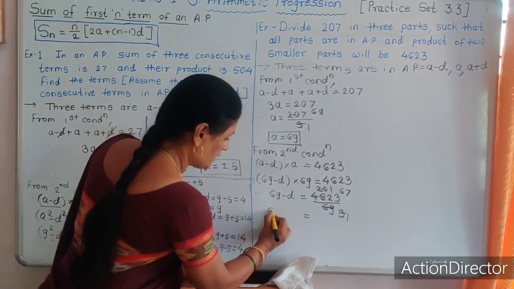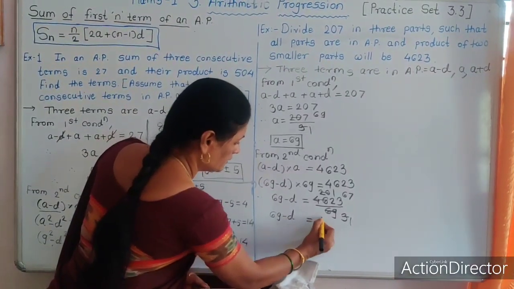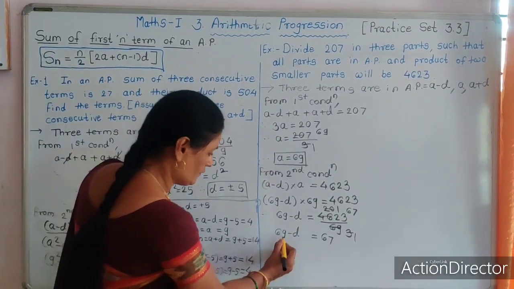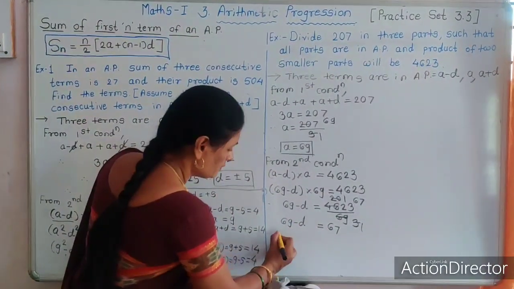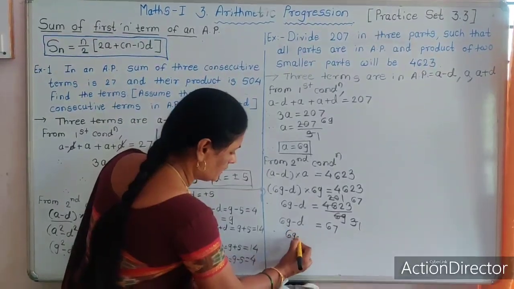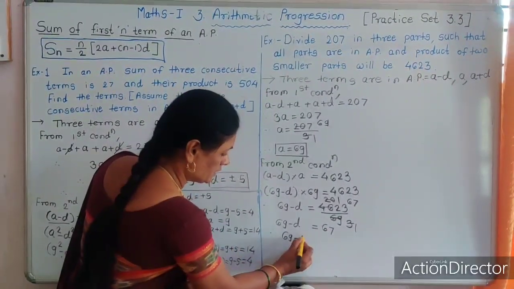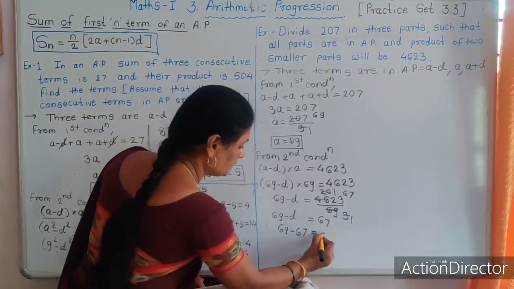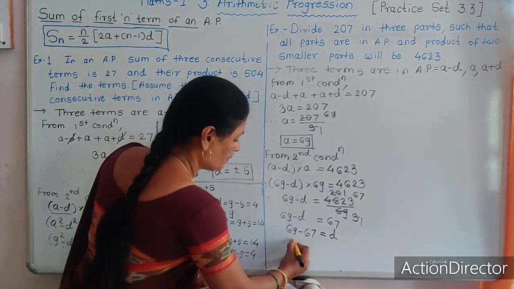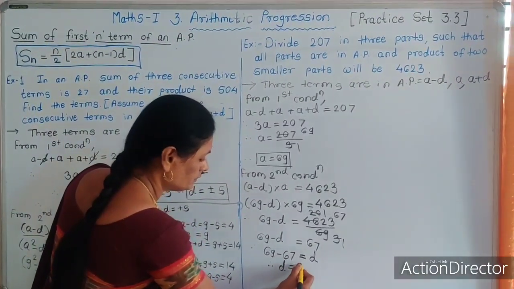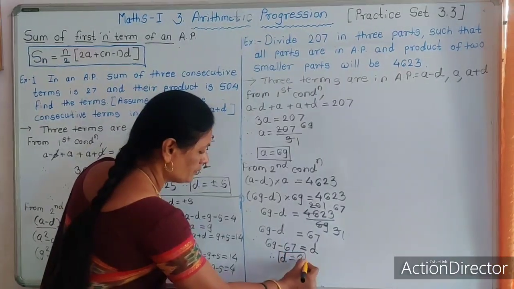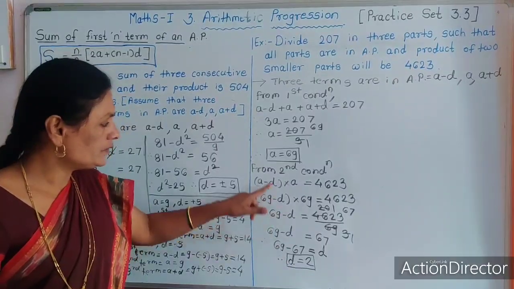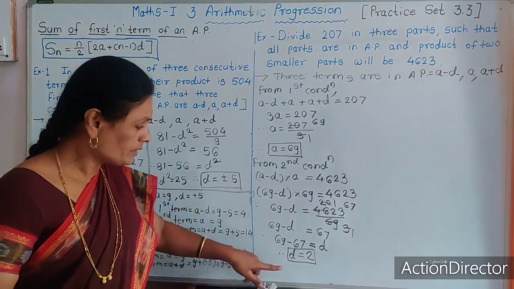Therefore 69 minus d is equal to 67. Next step, 69 minus 67 is equal to minus d, which becomes plus d, and therefore d is equal to 2. Look here, we get the value of a and the value of d.